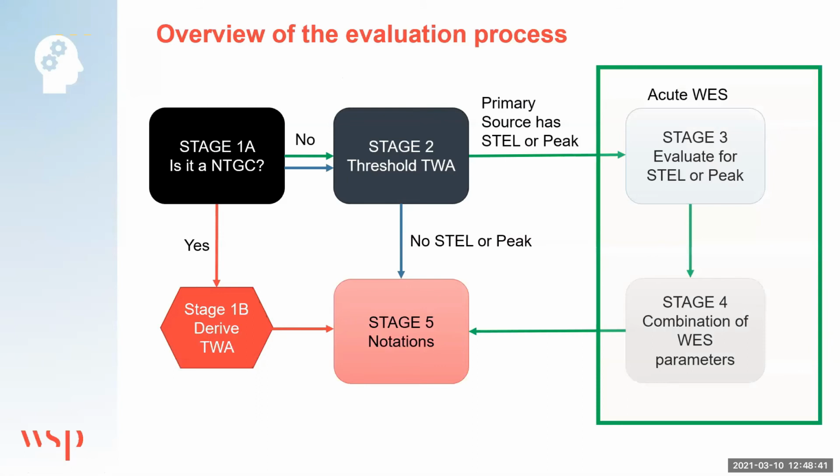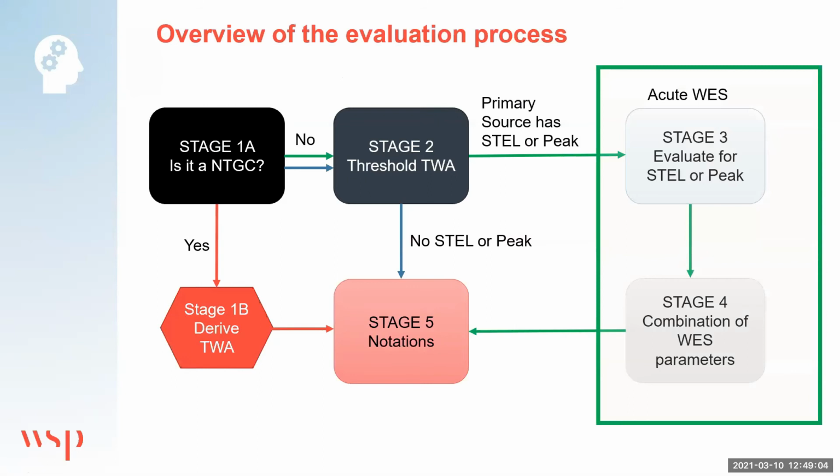So we've had a look at stage one, the carcinogen and how to derive it. Sometimes there is no cancer slope or inhalation unit risk, and to derive a TWA there is via a different method, and sometimes we couldn't.